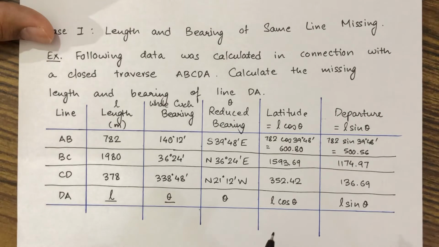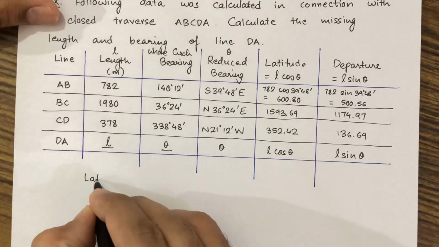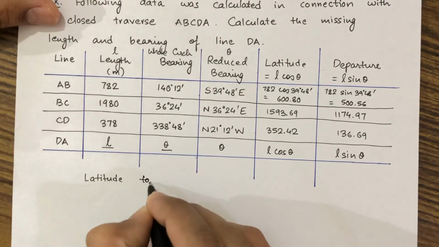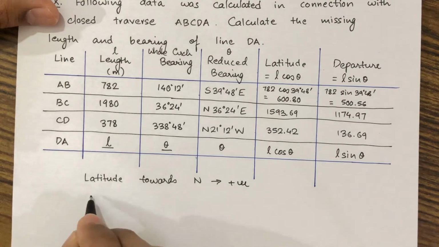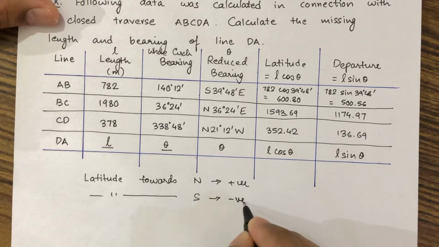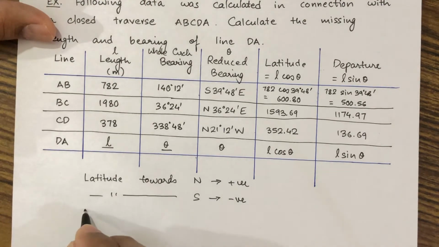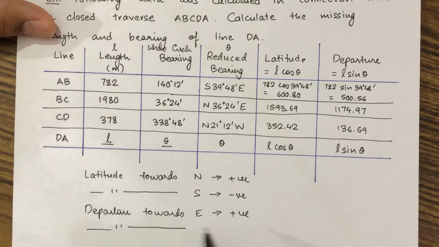Now here we have to see one thing, that latitude towards north will be denoted as positive and latitude towards south will be denoted as negative. Similarly, departure towards east will be positive and departure towards west will be negative.